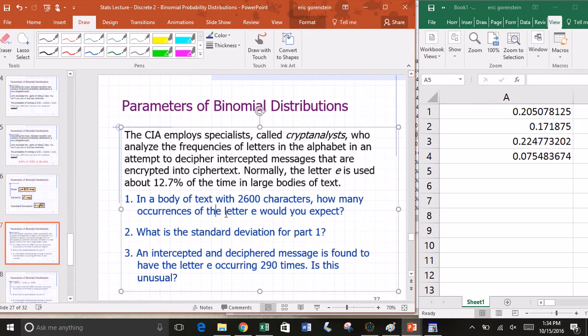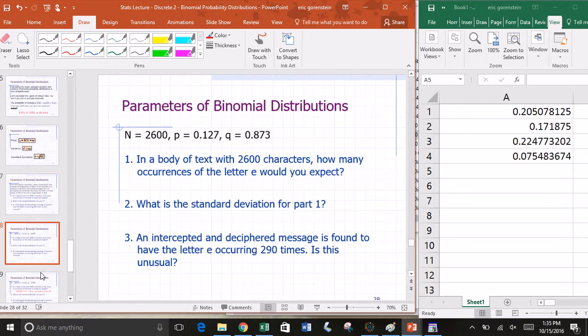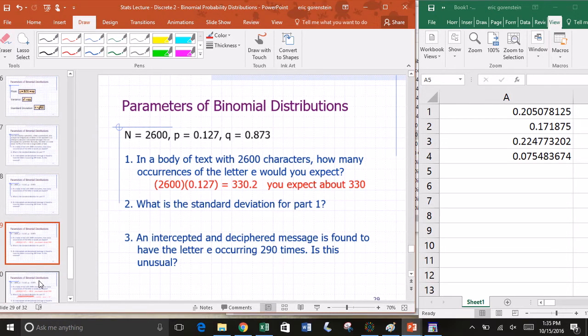Okay, so in a body of text with 2,600 characters, how many E's would you expect? Well, the expected value is 12.7% of the total. So our expected value, or the mean, would be n times p. So you would expect about 330 letter E's.